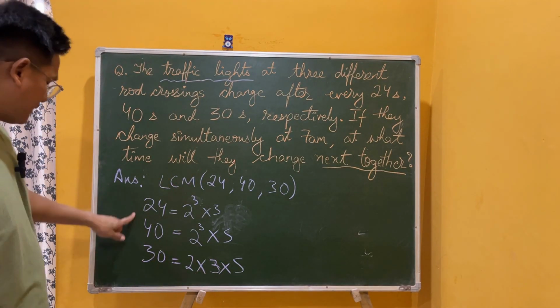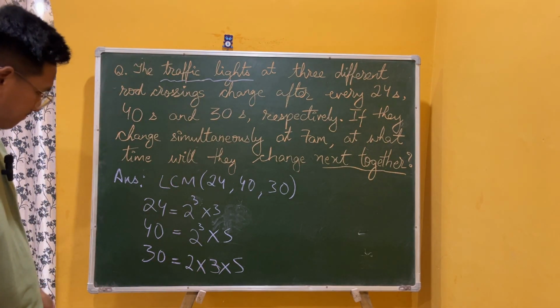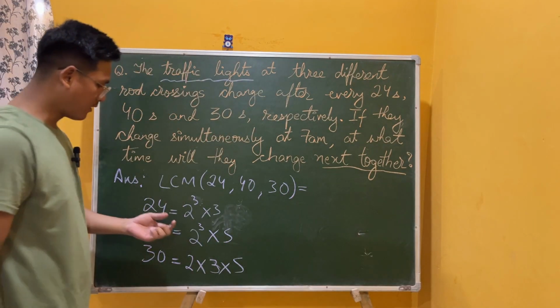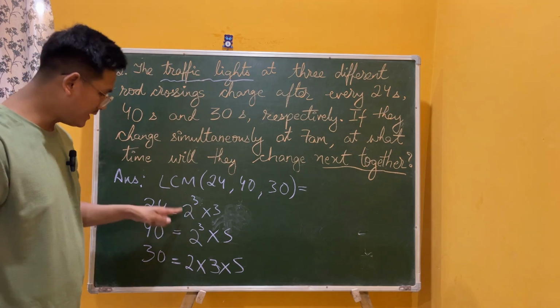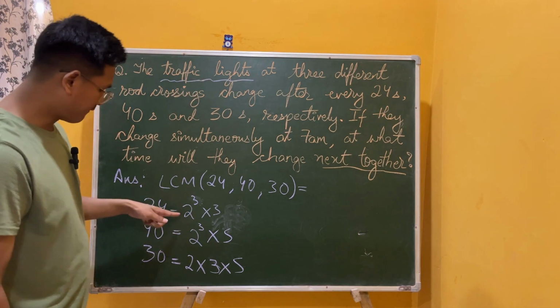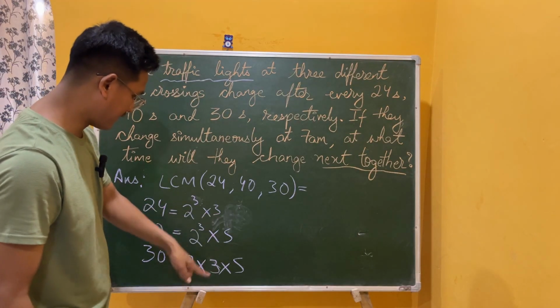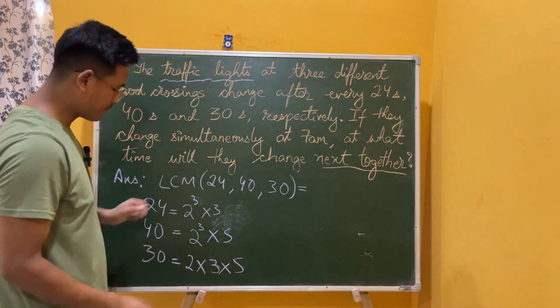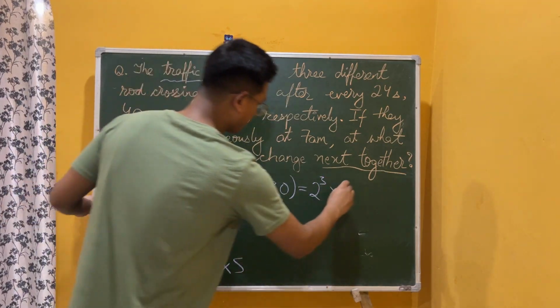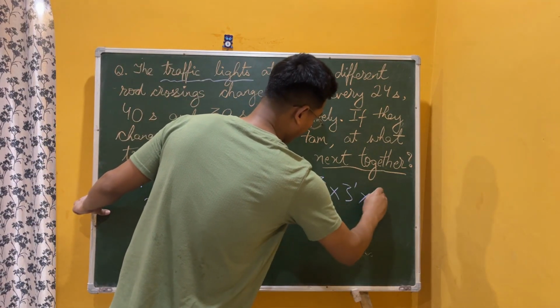So LCM of three numbers is the product of the highest powers of each prime factor involved. What are the prime factors here? 2, 3 and 5. Okay. What is the highest power of 2? Highest power of 3 is 1, and highest power of 5 is also 1.